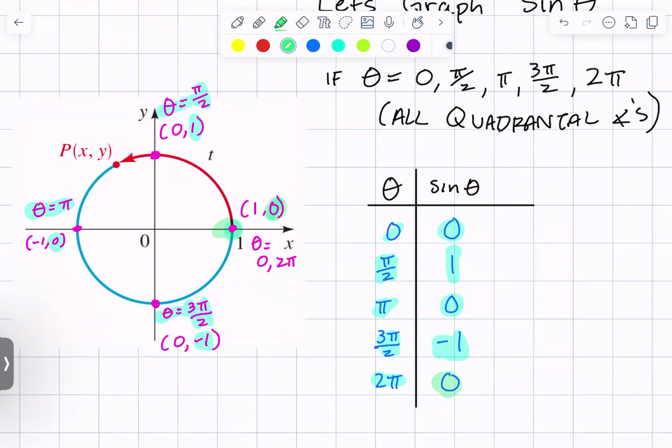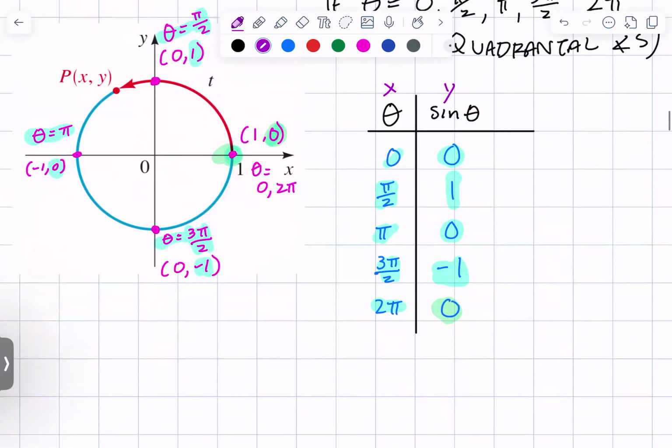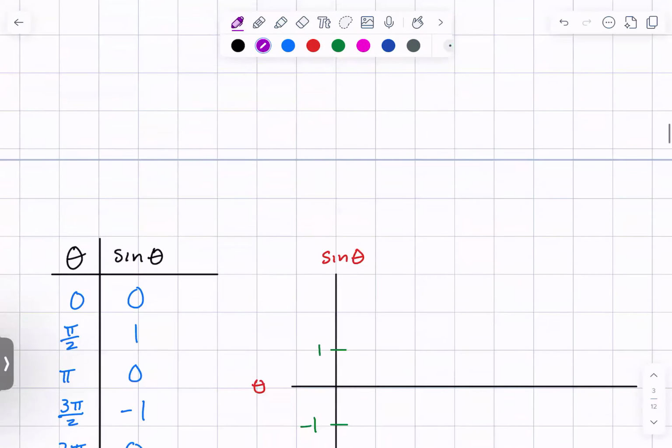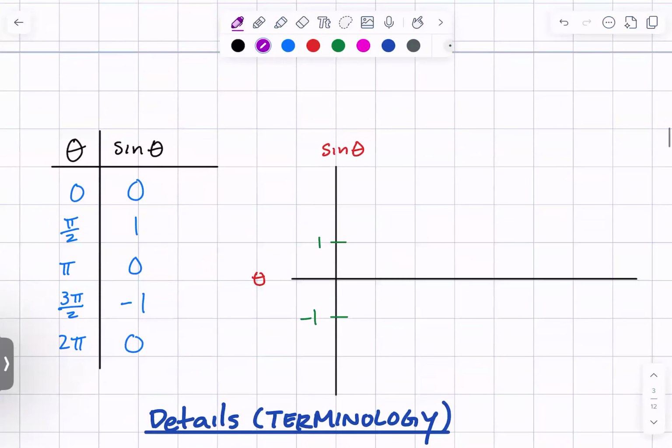So here is my x and my y axis. If I go ahead and graph this, my x-axis again is the angle measure in radian form, and my y-axis is going to represent the sine value at that radian angle.